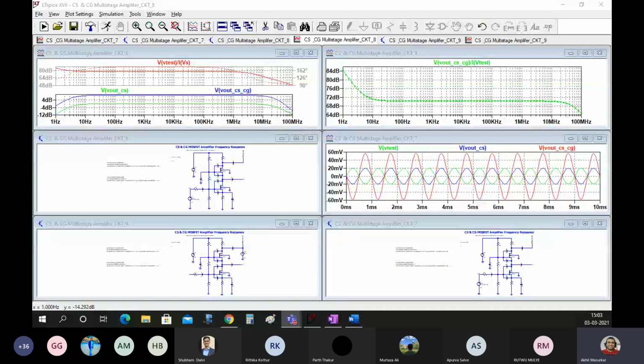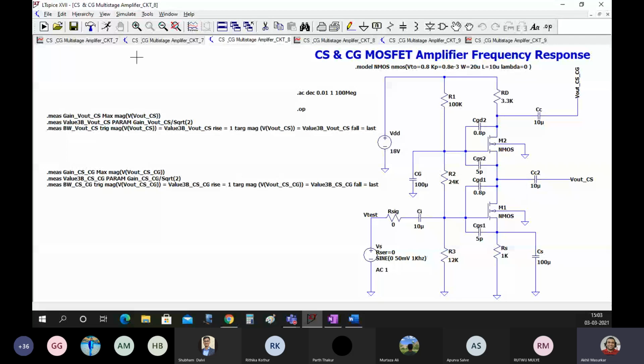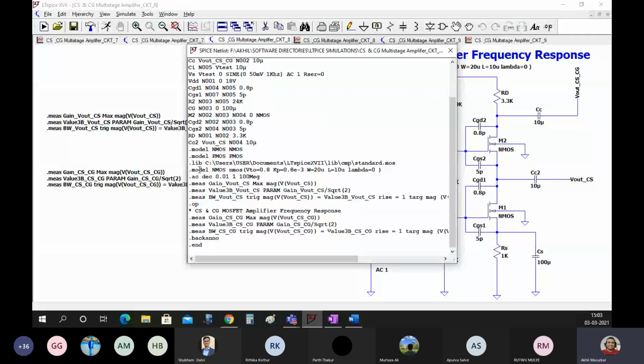Explore everything in this. Now, just in case you want to see the spice code, you can see that. You can see here, this is our spice code. You can see all the commands. Dot model, dot measure, dot op, everything is there in this. So you get the entire spice code for free.